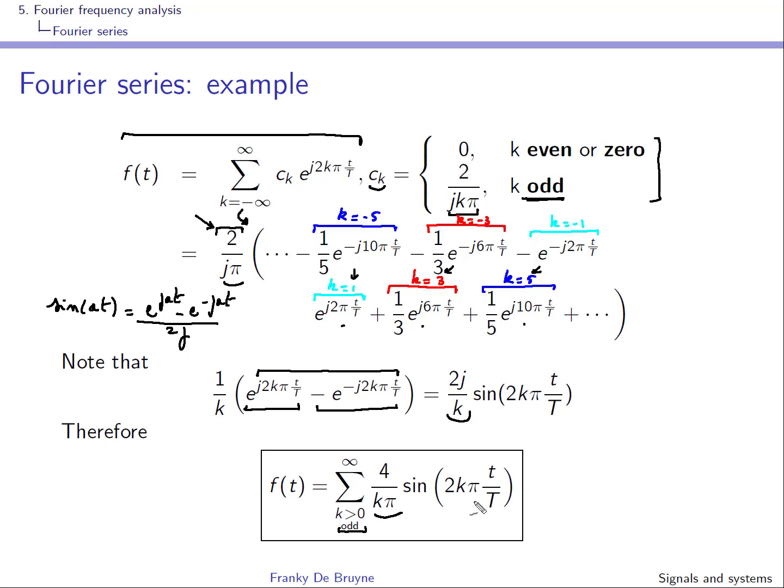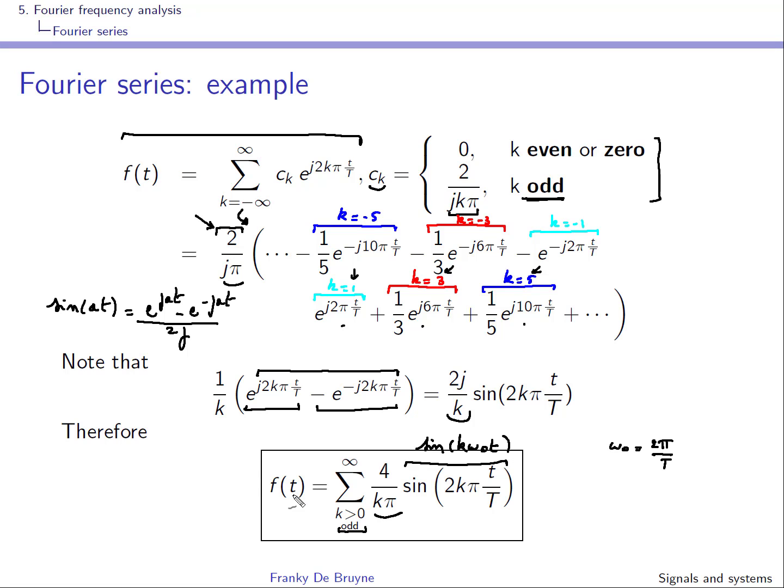So you could rewrite this thing here as sine of k omega 0 t, because omega 0 is 2 pi over T, and omega 0 is the fundamental frequency.